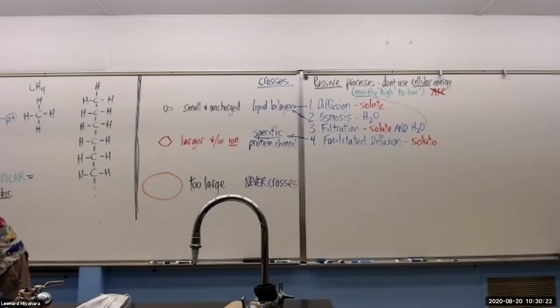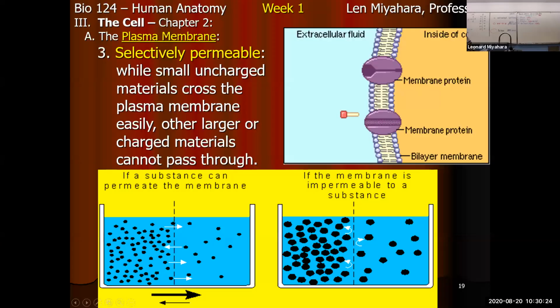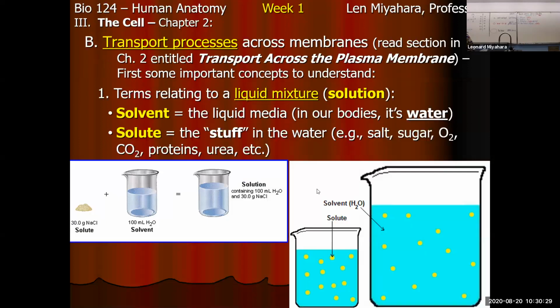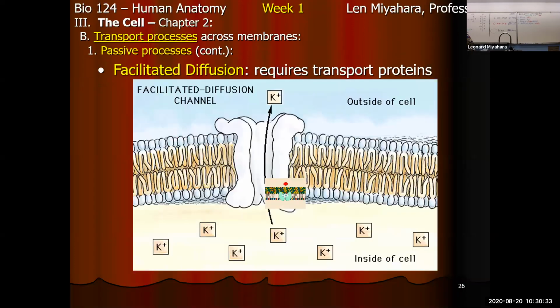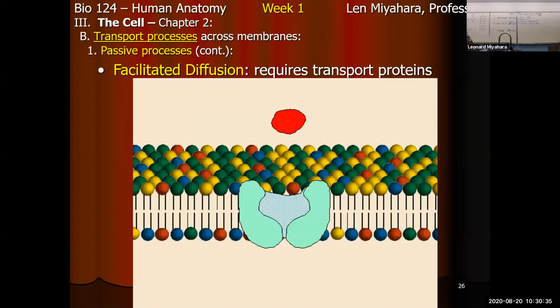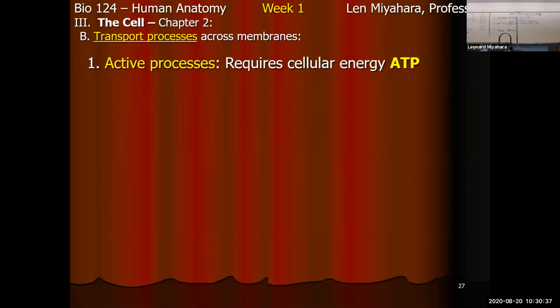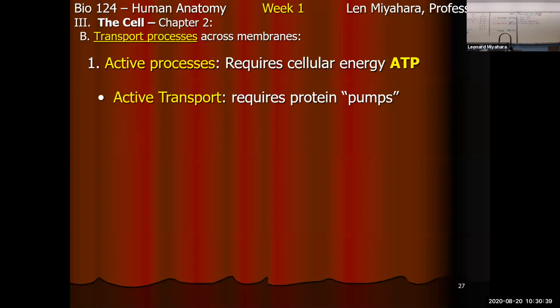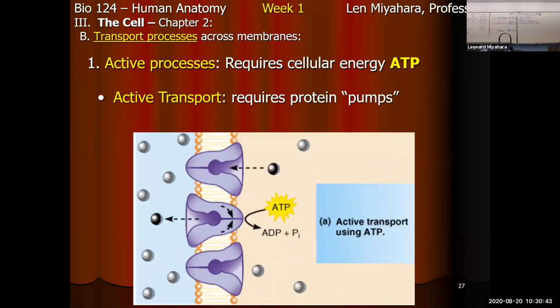All right, so we got to facilitated diffusion there. Now let's talk about active processes. And I'm only going to give you one today.